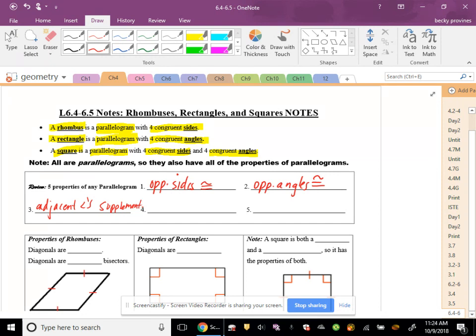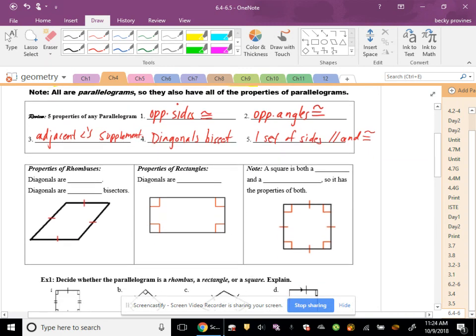We have 1 about what happens when the lines in the middle cross. Those are called diagonals. So the diagonals bisect, and we have the buddy system. So this is one set of sides that's parallel and congruent.